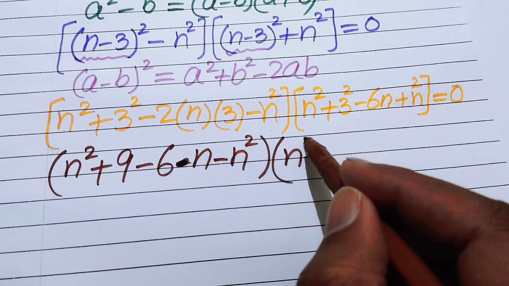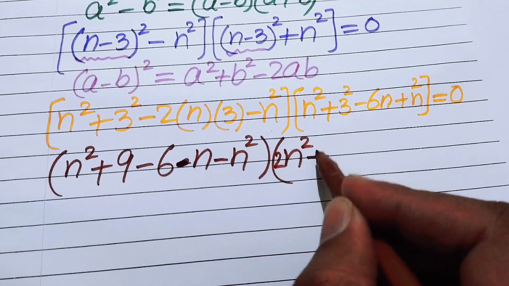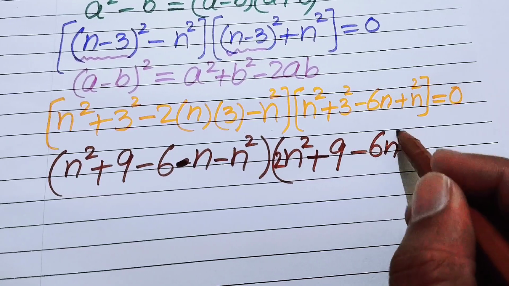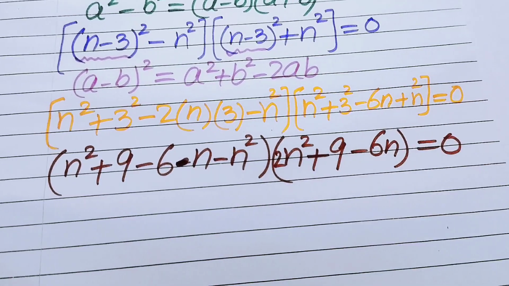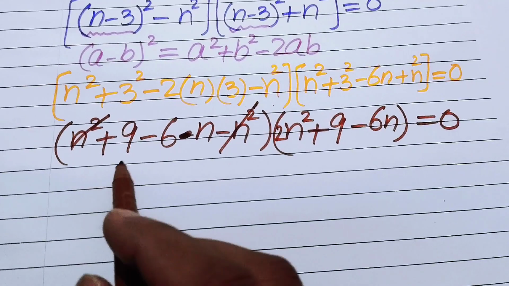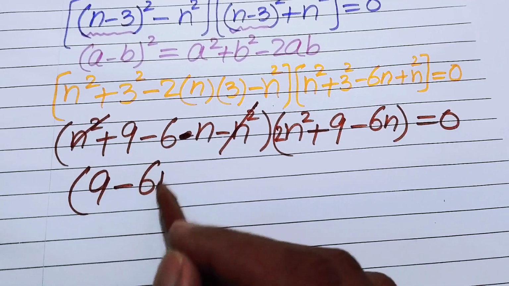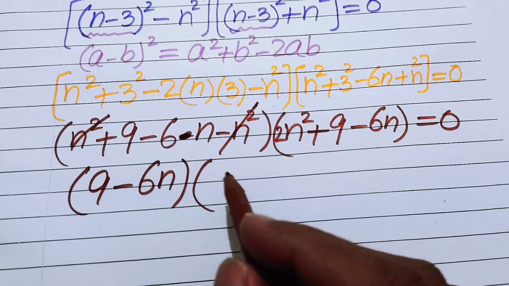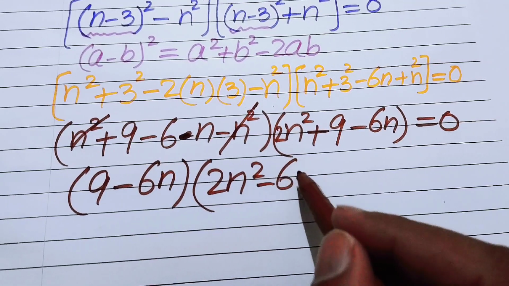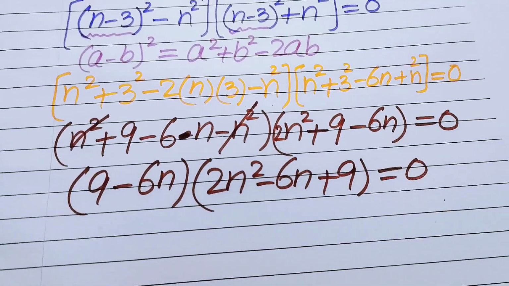Similarly here you have n squared plus n squared equals 2n squared, plus 3 squared equals 9, and minus 6n, and this whole equals 0. So here you see that this n squared and n squared are gone, and we get here (9 minus 6n) times (2n squared minus 6n plus 9) equals 0.